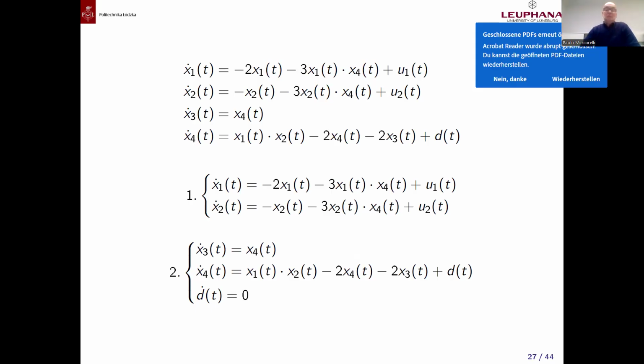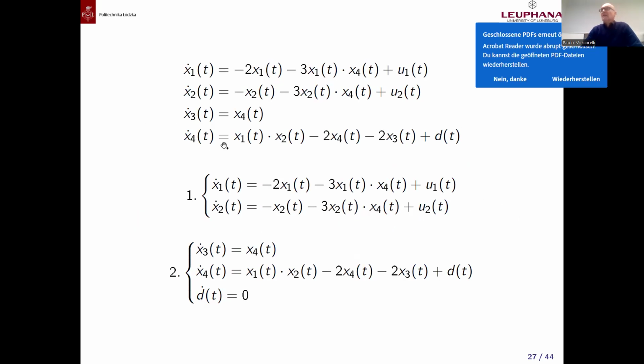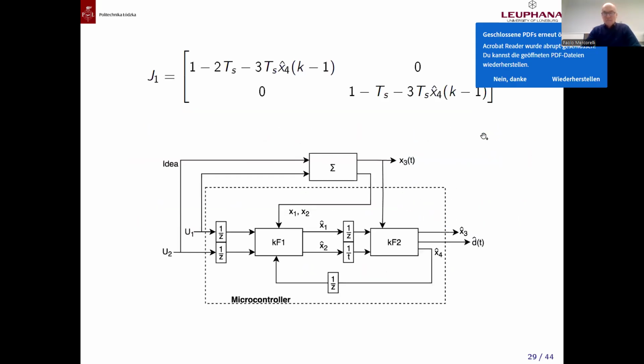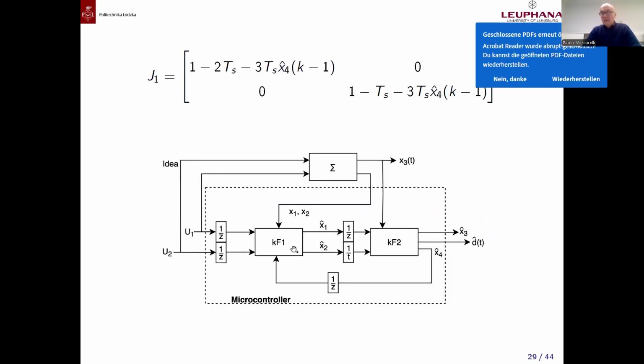This could be in this case a load, no? Torque load. In this case, omega 4 is the angular velocity, excuse me, because this last equation is dynamics. Yeah, we can see that U1 and U2 go after a delay, after it's included a delay. We can see here k minus 1 in KF1.